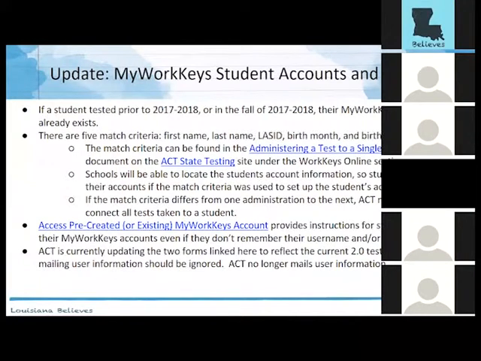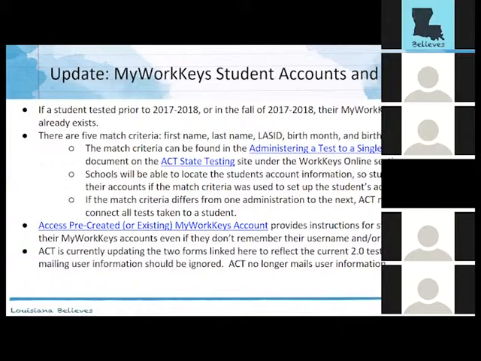The ACT state testing site provides all the documents that are linked here for schools to access and assist them when setting up accounts and helping kids access their accounts. It's also on the ACT state testing site, and this has been available all years for your schools to access. If the match criteria is used by every school across the state for every student, then all scores will link to each student no matter where they tested.